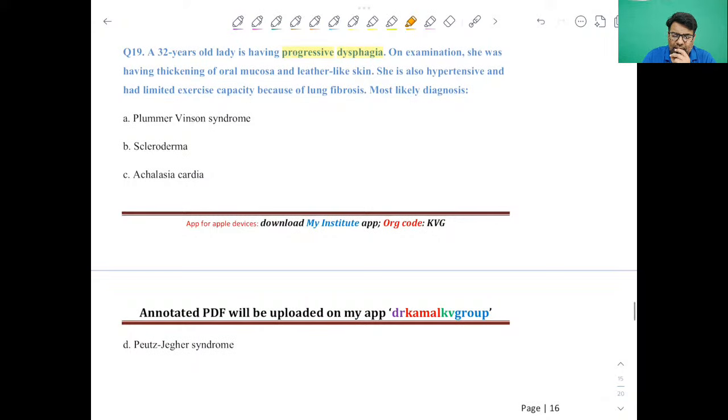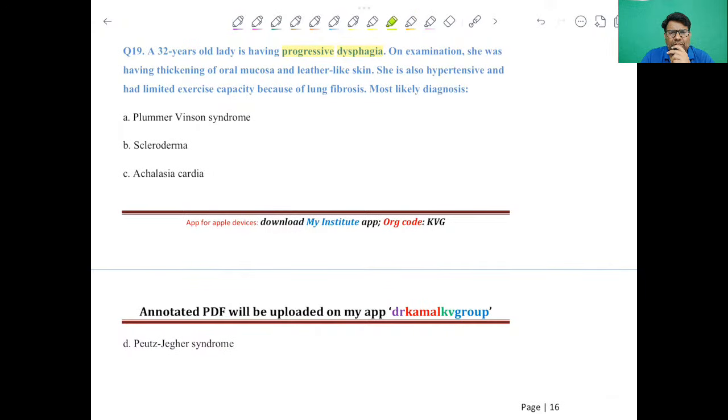So, a lady is having progressive dysphagia. She is having difficulty in swallowing, and then when she was examined, there was thickening of the oral mucosa, right? So there was thickening of the oral mucosa, and she was having a leather-like skin. Okay, leather-like skin.